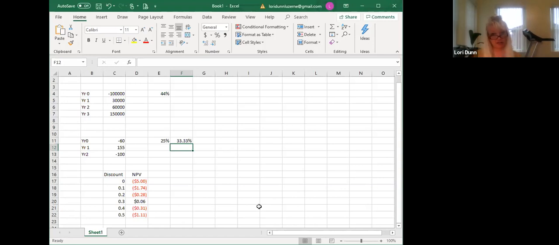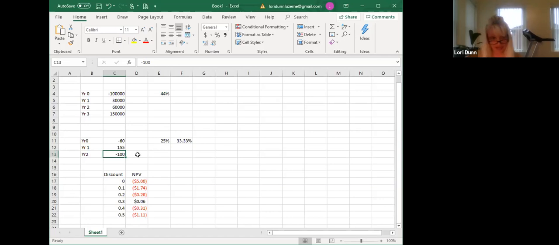Well, the modified internal rate of return will get us a more specific answer. So one way of calculating a modified internal rate of return, this is our first method, is to take any negative cash flows and discount them back to time 0.